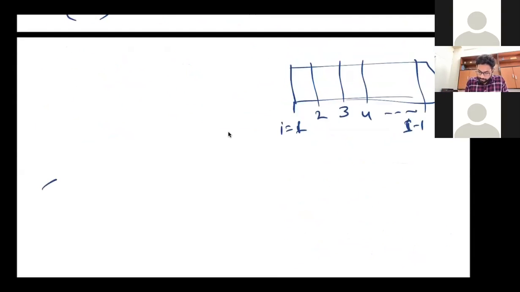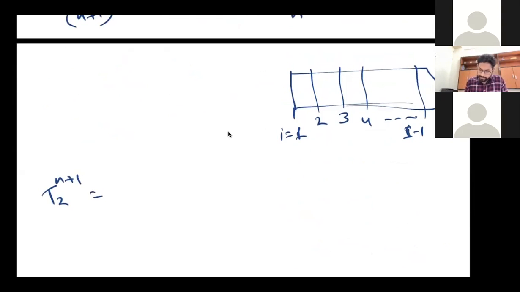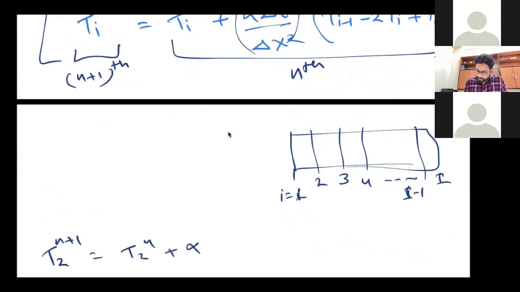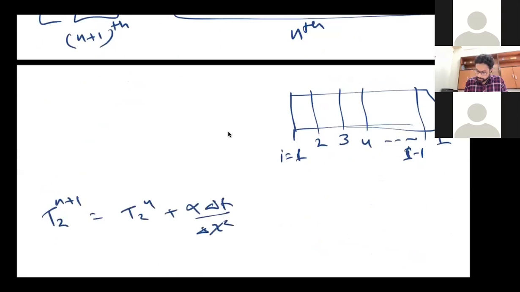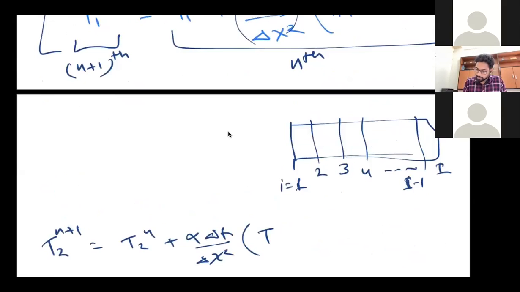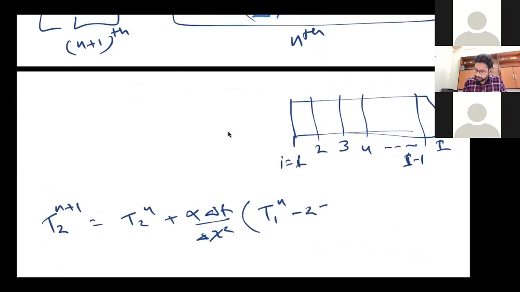Because let's say we want to calculate the T2 n plus 1 term. There we know T2 n plus alpha delta T by delta x square times T1 n minus 2 T2 n plus T3 n, right?